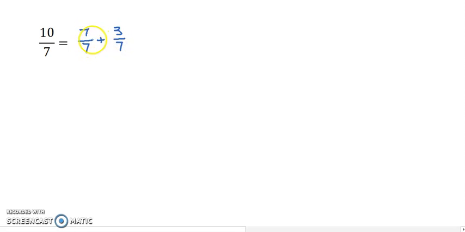So 7/7 plus 3/7 gives us 10/7. All we're doing is rewriting this in another way. We know that 7/7 is equal to 1, and we still have that 3/7, so 10/7 is equal to 1 and 3/7.